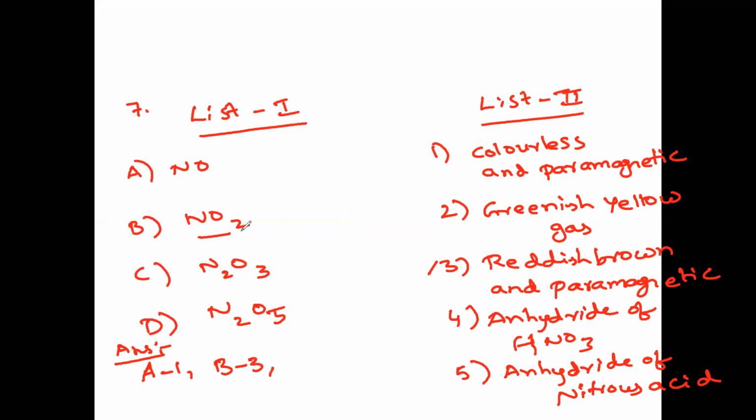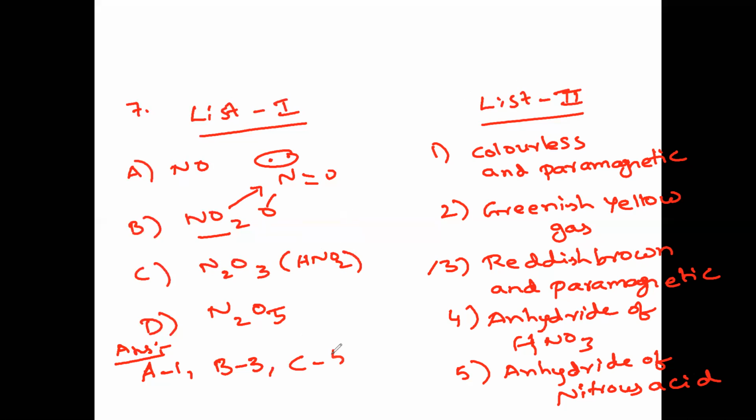Nitrogen dioxide is paramagnetic because it has one unpaired electron, with N double bond O and one lone electron. Next, N2O3, that is C. C is 5, anhydride of nitrous acid. N2O3 when dissolved in water forms HNO2.